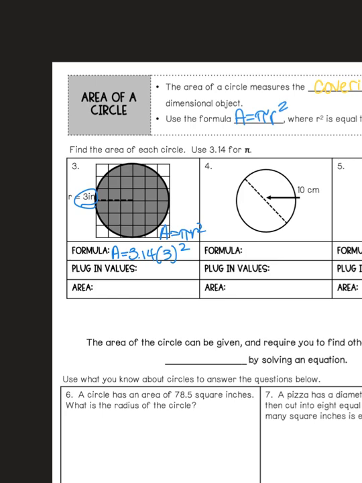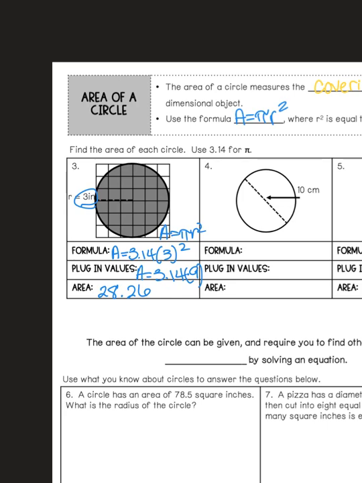So that really means right now I'm going to have A equals 3.14 times 9. I'll put that with parentheses. So I'll do that on my calculator, and I'm going to get 28.26 square inches.